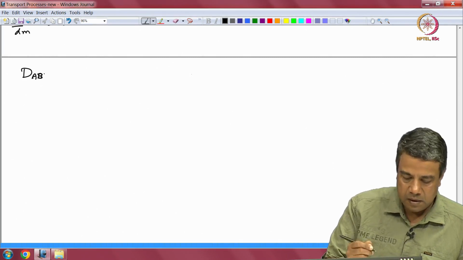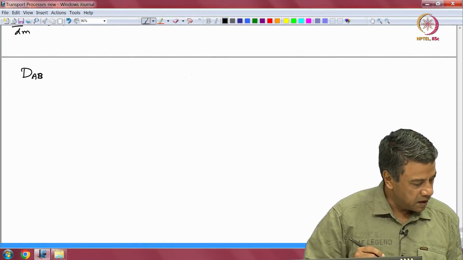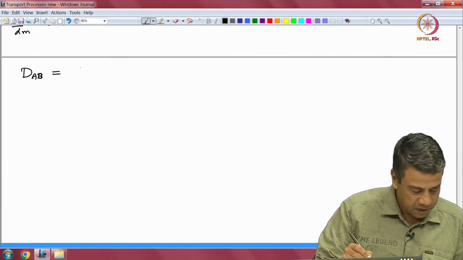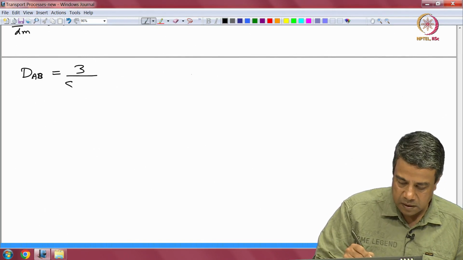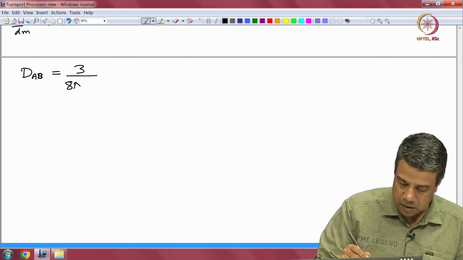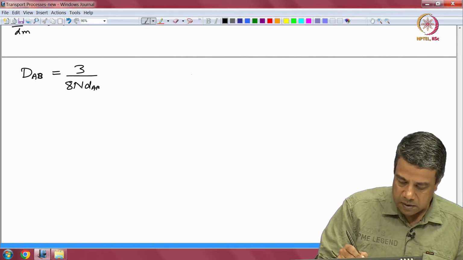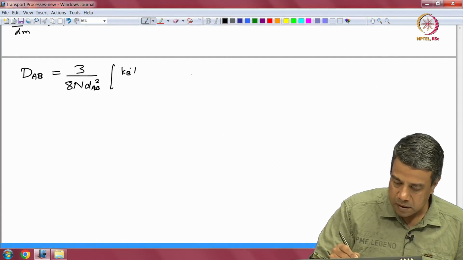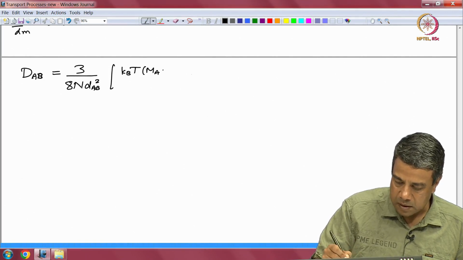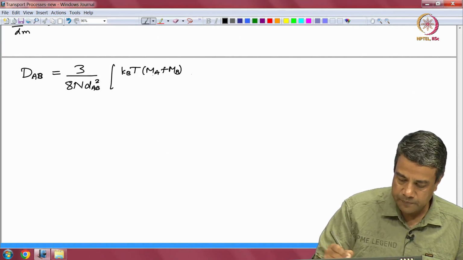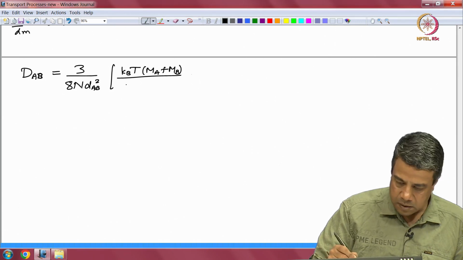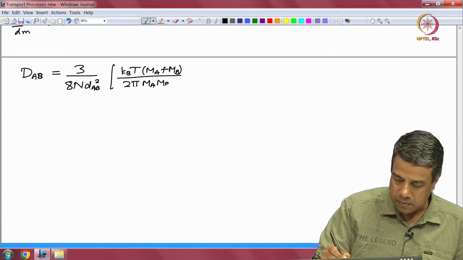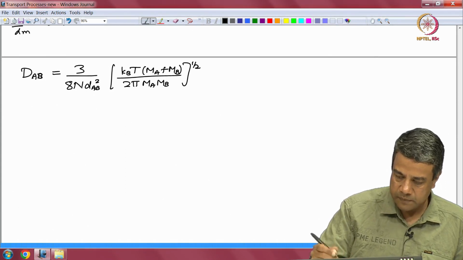The diffusion coefficient of A in B or vice versa, DAB, is equal to 3 by 8 n dAB square into square root of kB T (MA plus MB) by 2 pi MA MB.